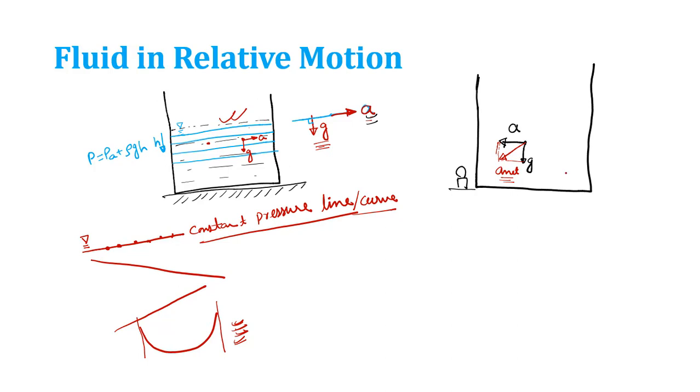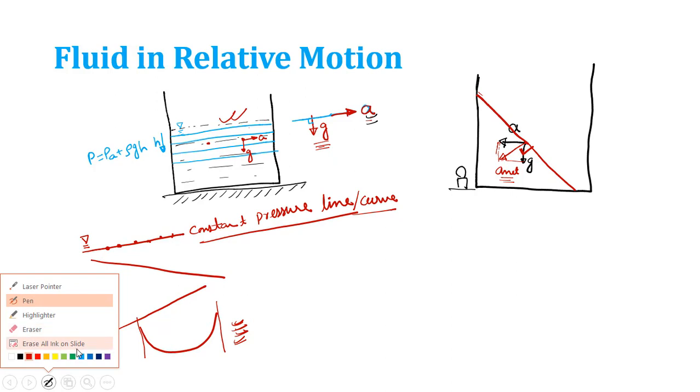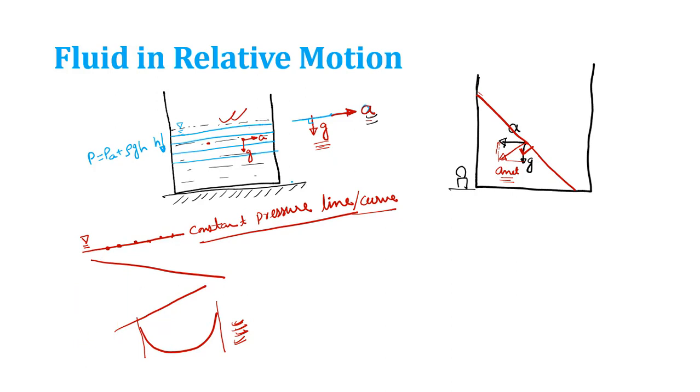So if I draw a perpendicular line to this A net, this will be the new line, at 90 degree. I have explained earlier that the constant pressure line will be perpendicular to the net acceleration, so it will be perpendicular to this A net. And these pressure lines will be parallel, so the pressure lines will always be parallel.